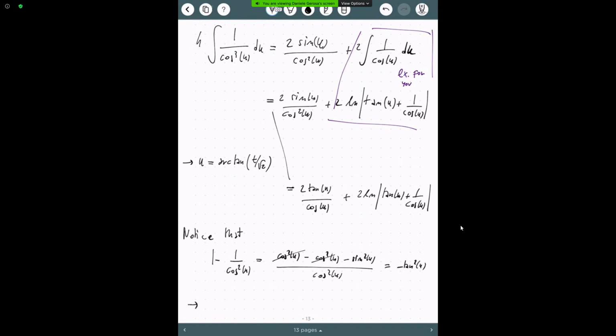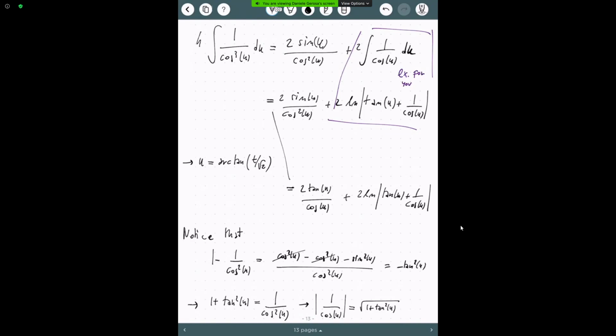So this, of course, means that 1 plus tangent squared of u is equal to 1 divided by cosine squared of u, which implies that 1 divided by cosine of u, maybe in modulus, is equal to the square root of 1 plus tangent squared of u, right?